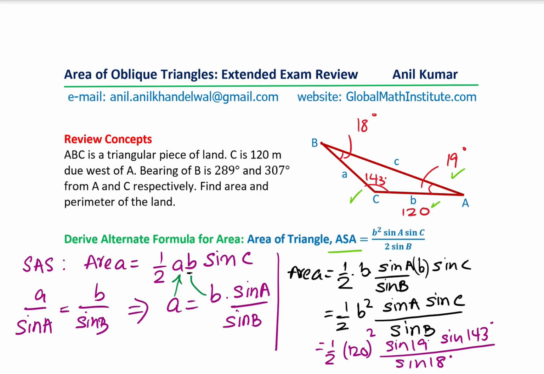So half times 120 squared times sine of 19 degrees times sine of 143 degrees divided by sine of 18 degrees gives us 4565. So we get exactly the same answer, which is 4565, right? Units meter square. Do you see that part? So we got exactly the same answer. However, this is a shortcut for many test problems. Correct? So let's summarize our results.